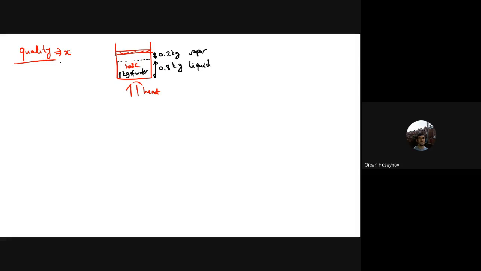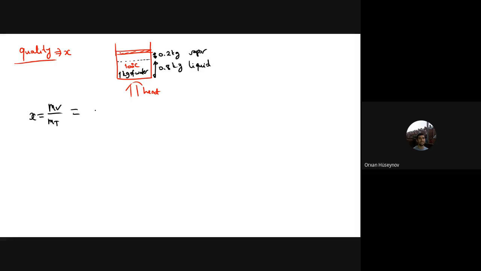When we introduce the quality, the name says it: it shows the quality of the fluid, because more vapor means more quality, which means more energy. So here you have the mass of the vapor divided by the total mass.